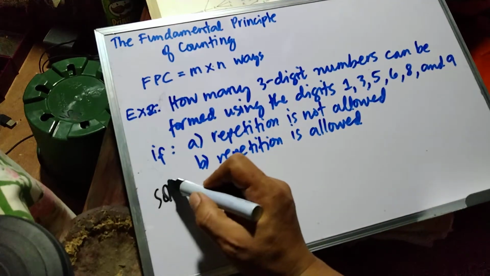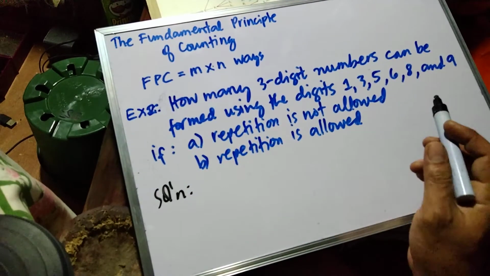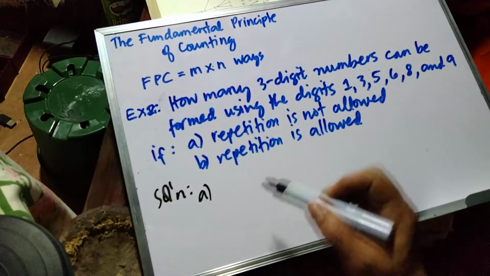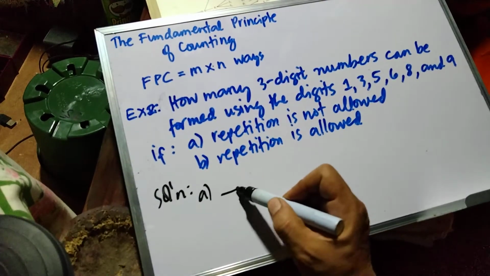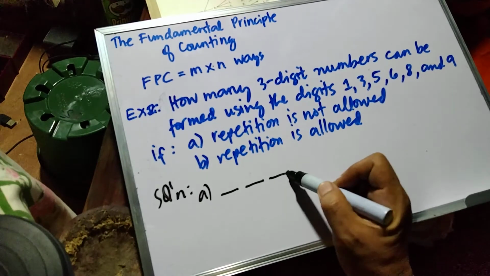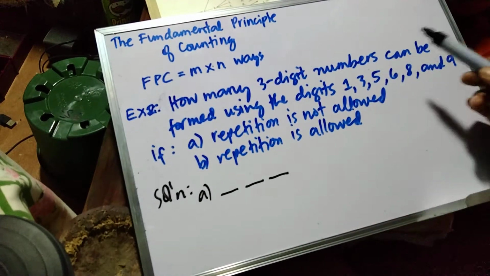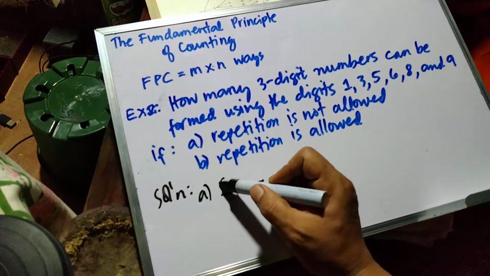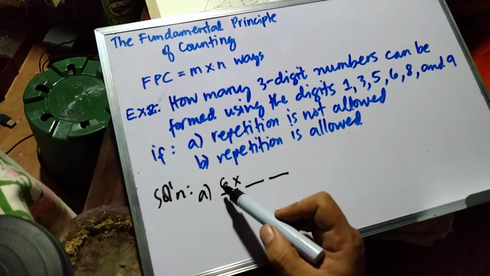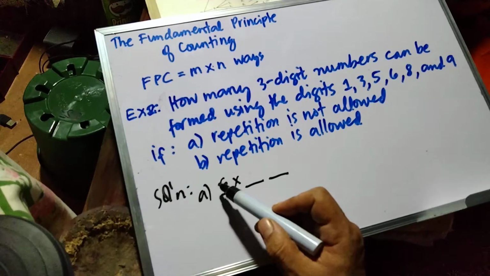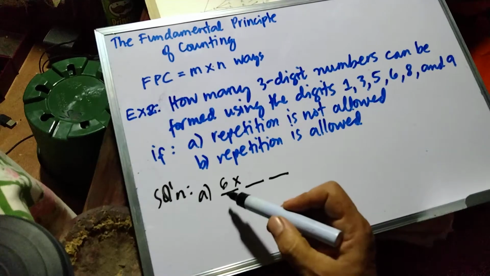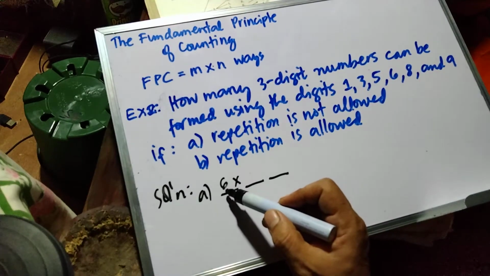So we have here our solution. We know that we have 6 digits. For letter A, where repetition is not allowed, we have 3 digits, 1, 2, 3. We have 6 digits that we can choose from. There are 6 numbers to choose from as our first digit.